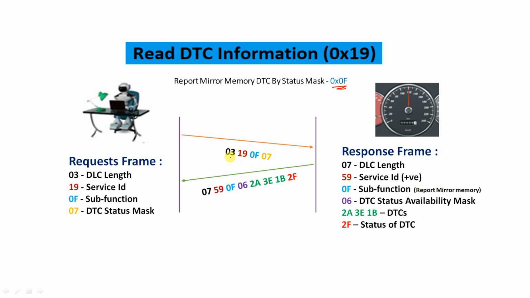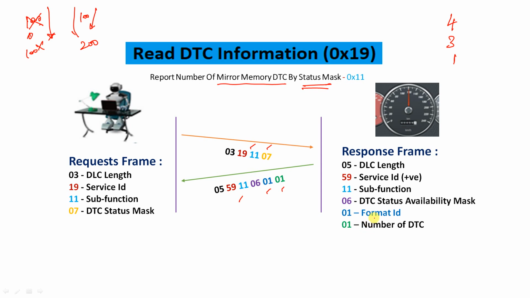Same format. 03 is the number of bytes, 19, 0F, then 07. So DTC status mask 07 we have given, and the subfunction also. Here we have 06. See, when we request for the number, we have the format identifier.